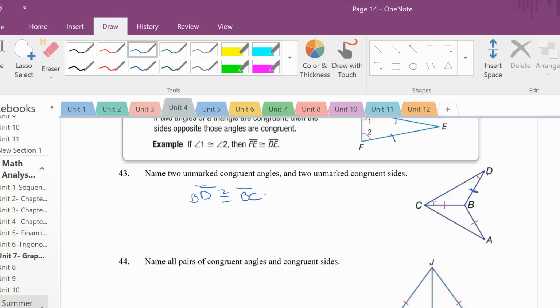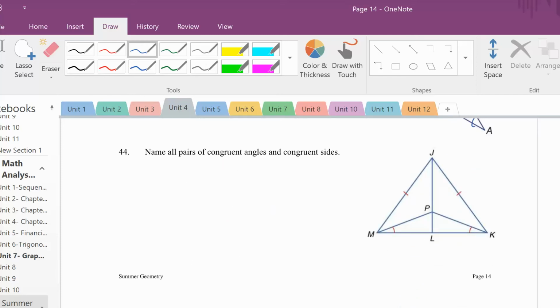And then because these two sides are congruent here, you know that angle BCA is congruent to angle BAC because of the isosceles triangle theorem.